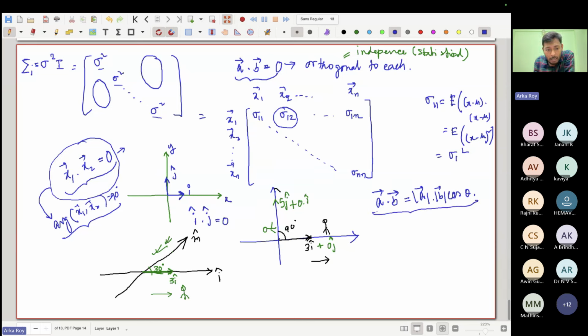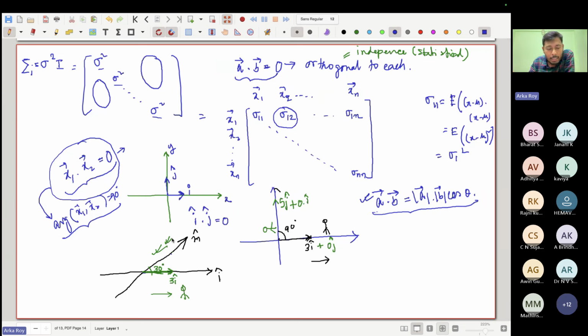Now I am asking: if you have only a cap, I am not asking you to do a dot b cap, because you don't have any b cap component as such. So the question is, if you just move along this particular axis, will there be any sort of component in the y-axis?